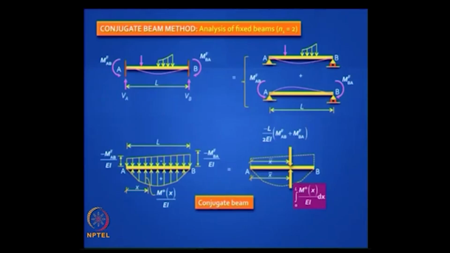So you will find that the resultant force must be equal and the lines of action also must be equal. And what is interesting here is that if you equate the two areas, you will find that the bottom area is integral 0 to L M naught x dx by EI, and there are some advantages you get when the loading is symmetric.